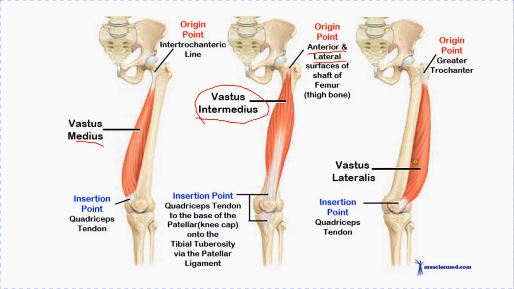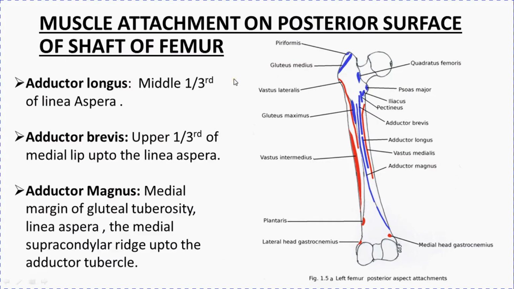The vastus lateralis arises from the gluteal tuberosity, the lateral lip of the linea aspera, and the whole middle part of the linea aspera. Muscle attachment on the posterior surface of the shaft of the femur.